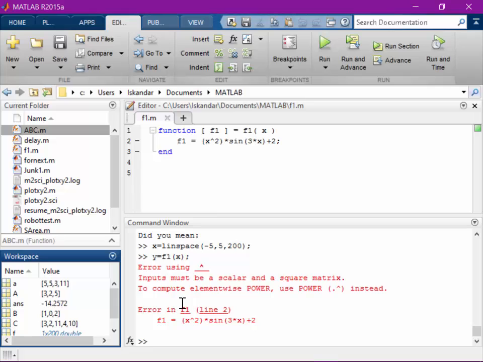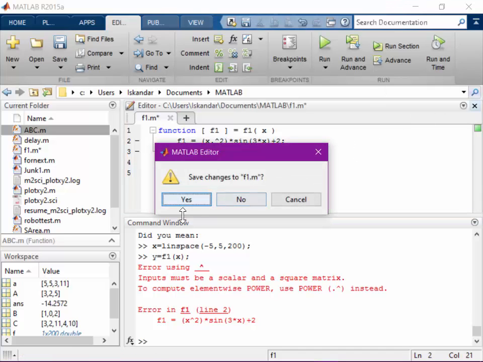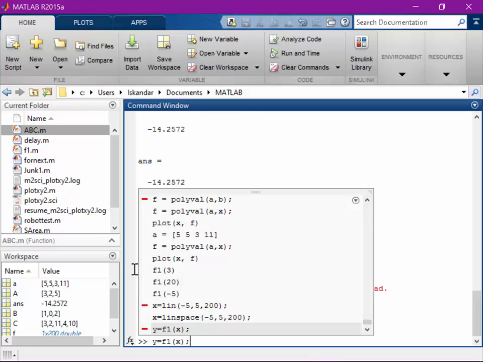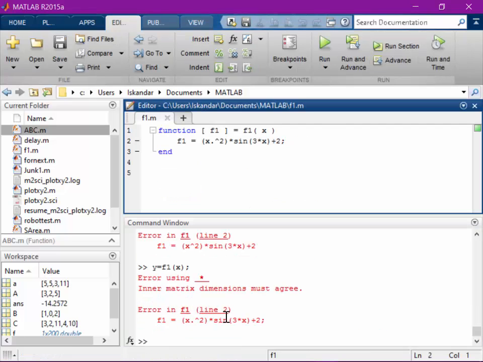Inputs must be scalar. Oh, me and this dot thing. Didn't I say that dot thing would drive me crazy? It has to be a dot, isn't it? Yeah. And it's still giving me line 2.